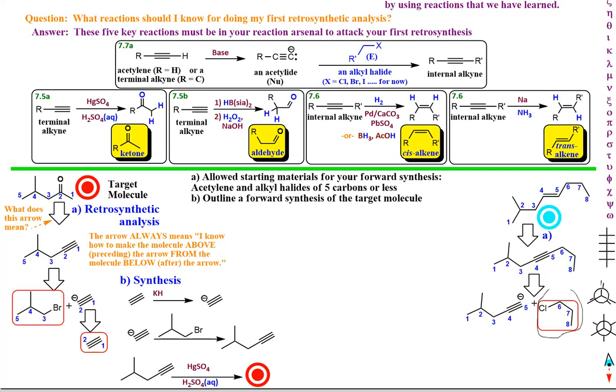I circled the 3-carbon halogen-containing species because it's on my list. And here's an acetylide. And the question is, where did that acetylide come from? Quite simply, this acetylide came from the same molecule, but it had its H, so it wasn't an anion.